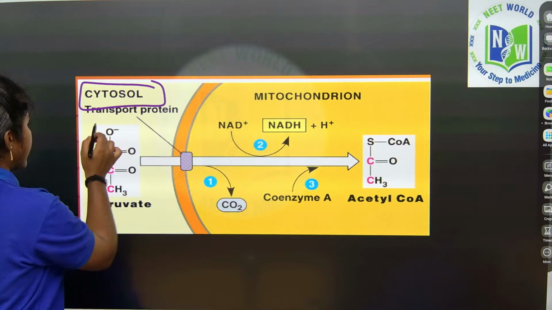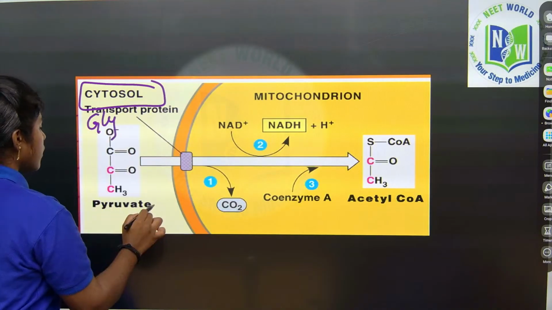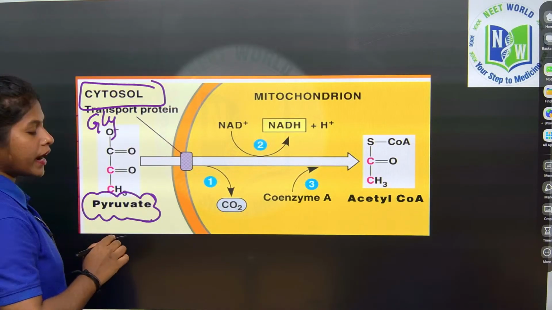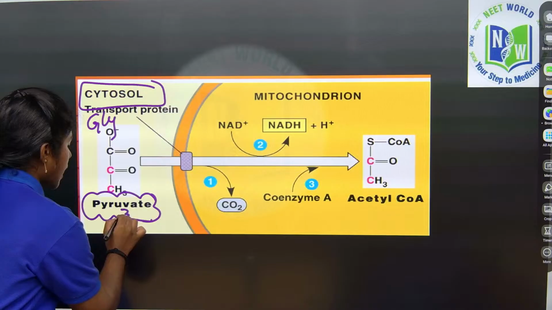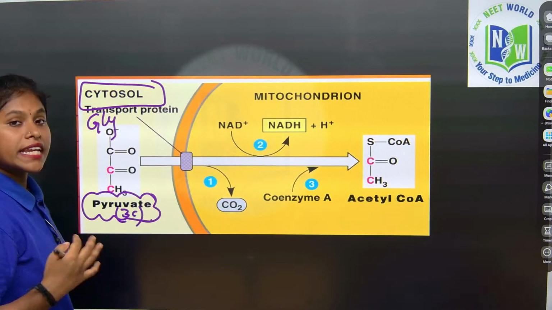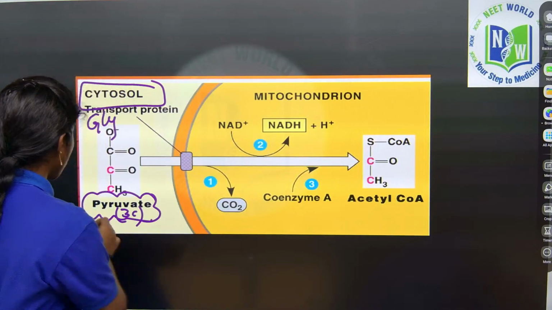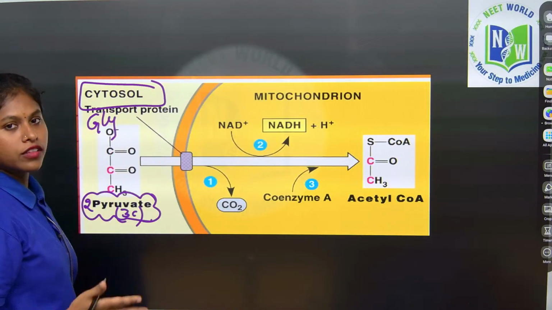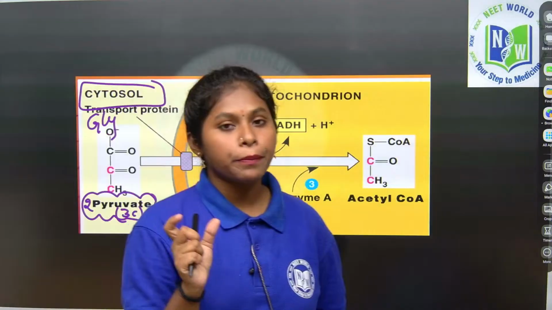Here at the end of the glycolysis, pyruvate is formed, right? It is a 3 carbon compound. Two 3 carbon compounds are produced at the end of the glycolysis, that is pyruvates.